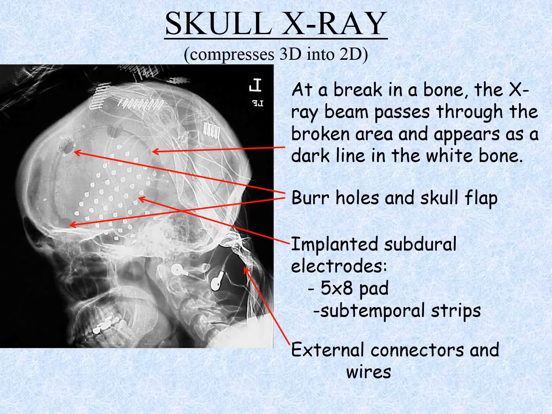What you can see here, but can't fully appreciate, is that at multiple levels, all collapsed from 3 dimensions into 2, you have the bone, you have electrodes that are actually inside the skull, and then you have staples that are outside on the scalp, as well as wires that are outside on the scalp, all shown in this 3 dimensions reduced to 2 dimensions.